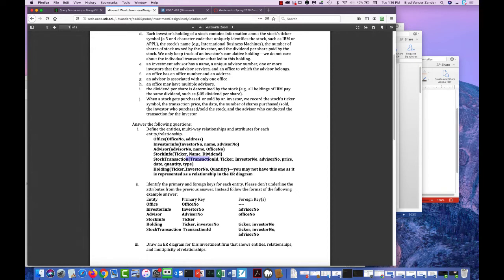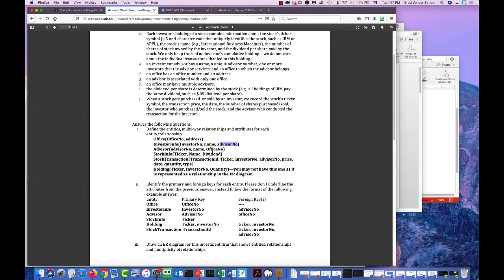Okay, and then if we go back up here and look, again, anything that points to a primary key in another relation is a foreign key. So here, advisor number is a pointer to a primary key in another relation, so it's going to be a foreign key for an investor.